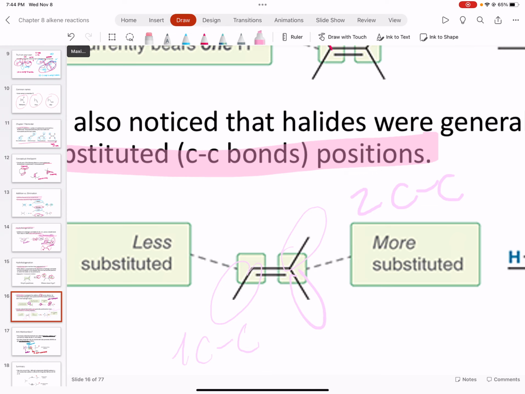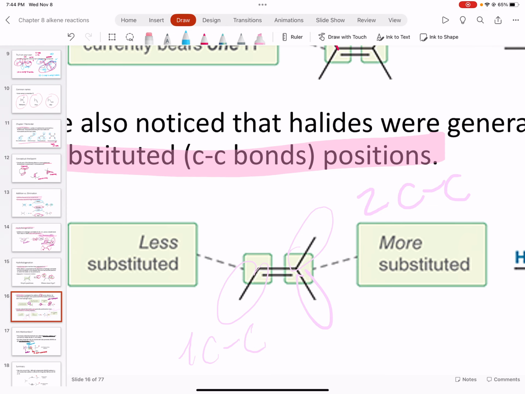So for example, if you're given this alkene, you can see that in here we have a hidden hydrogen, right? Well, in here we have no hydrogens. So on this side, I would add my hydrogen.